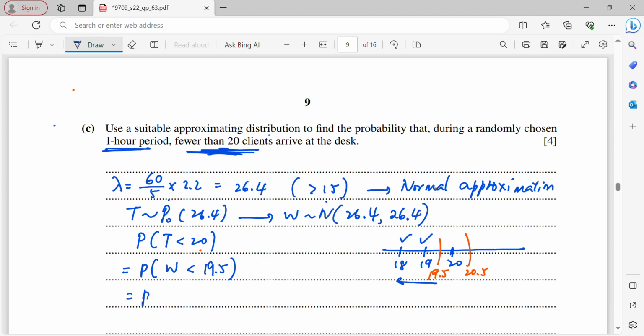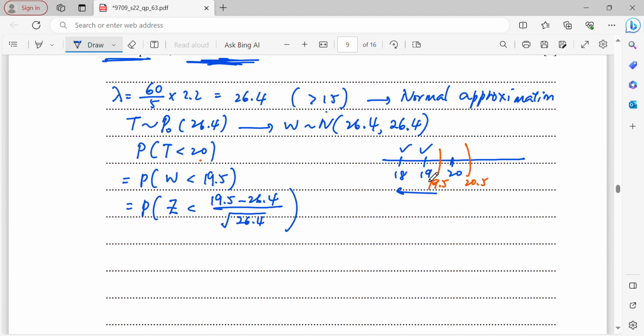And now I will standardize it. So when I standardize, I will use 19.5 minus the mean 26.4 over square root of 26.4. Then from here you will be getting Z less than negative 1.343.